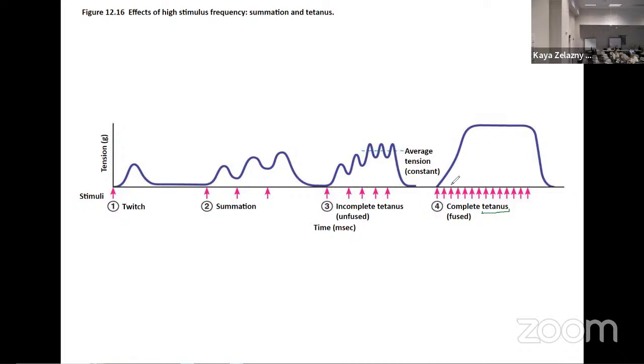And once they're fast enough, we can create this situation where we just have constant tension here. So this is some variation we can have in twitches and what they look like, depending on how many action potentials we're reacting to, and how long there was between those action potentials.